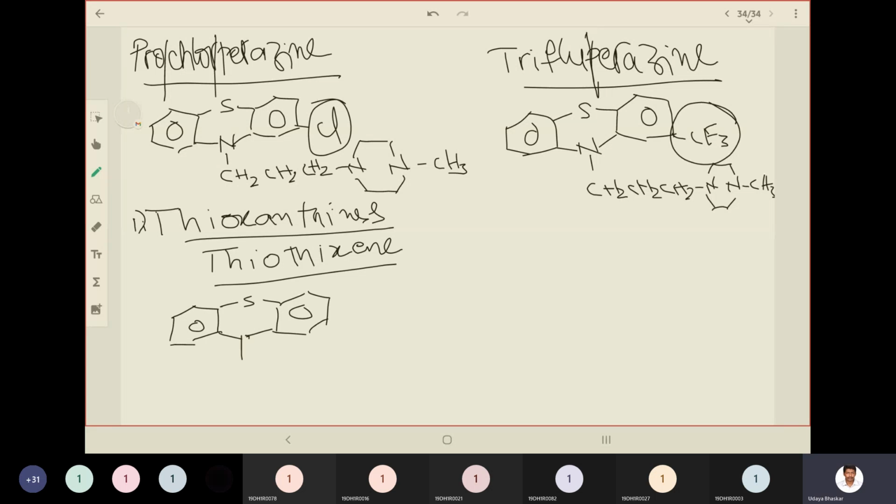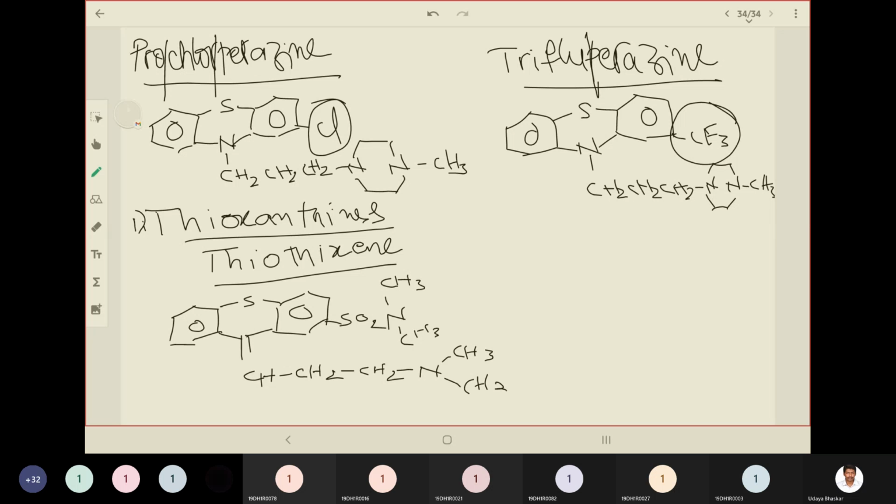Okay, and here in the second position, you have SO2 and CH3 and CH3, and the side chain is CH, CH2, CH2, and CH3 and CH3.